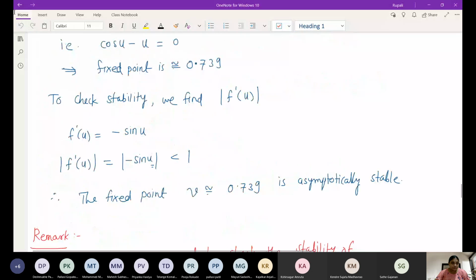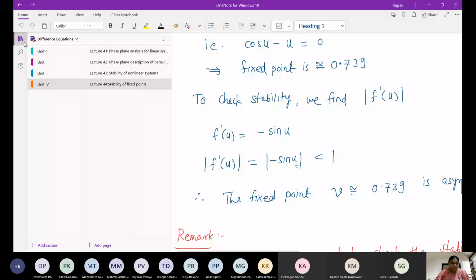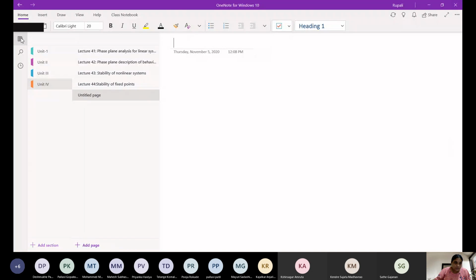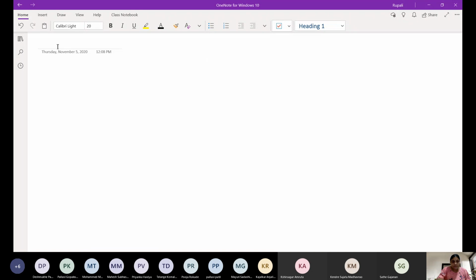Okay, so now we will start today a Liapunov function, which will also be useful for checking stability of a fixed point. So let's start lecture 45, Liapunov function.